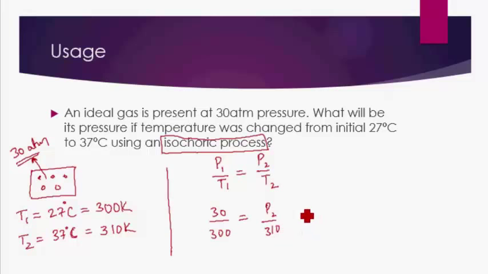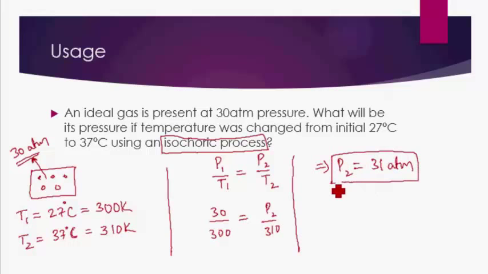From here it's quite clear that P2, the final pressure of the container, must be 31 atm. That is, we had to increase the pressure by 1 atmosphere in order to increase the temperature by 10 Kelvin. A very straightforward numerical.